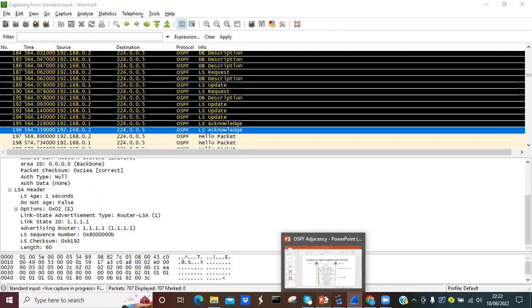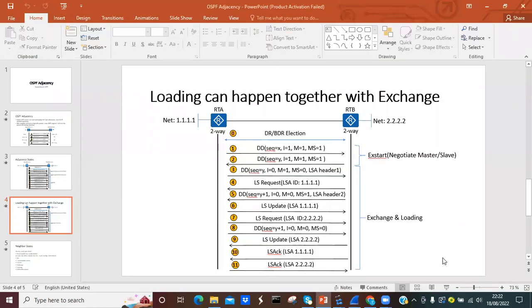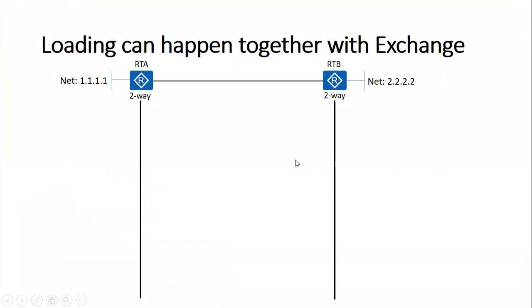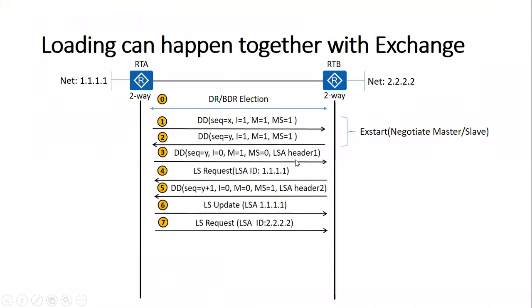So as a summary, we are going to look at the stable states you can have when you display OSPF peer brief, because we are still looking at neighbor formation. So what are the stable states of neighbors? The first state is the down state, which is a stable state.